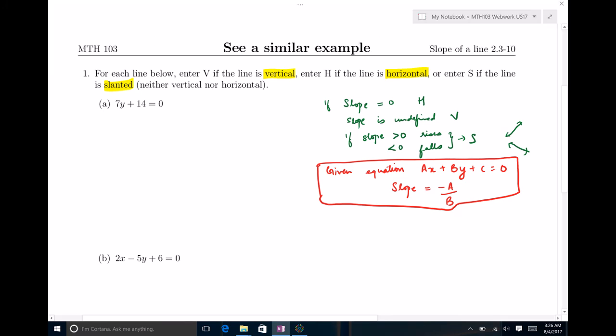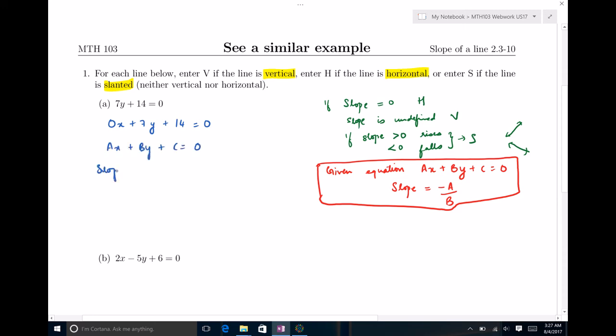So for example, the first question, now you'll see that there's no x term, which means I can rewrite this equation as 0 times x plus 7 times y plus 14 equals 0. This looks like ax plus by plus c equals 0.